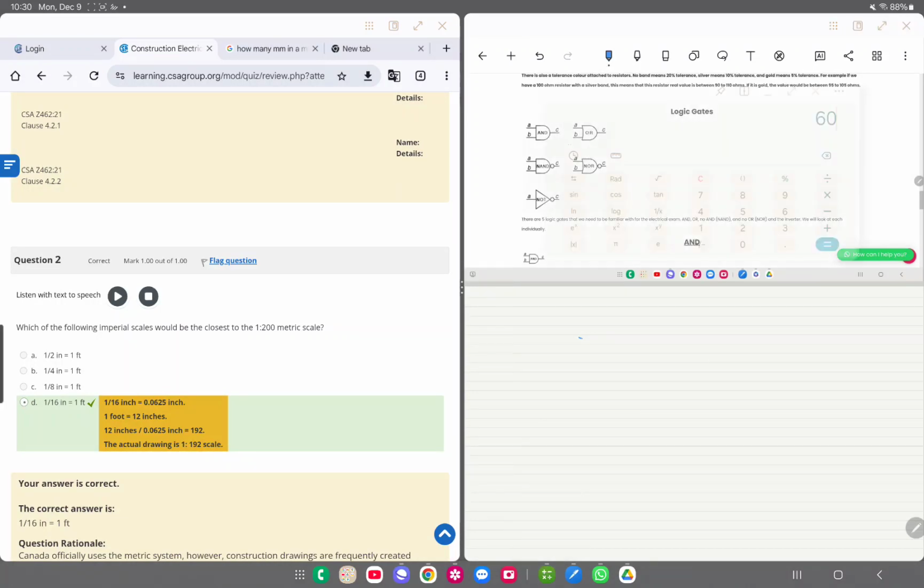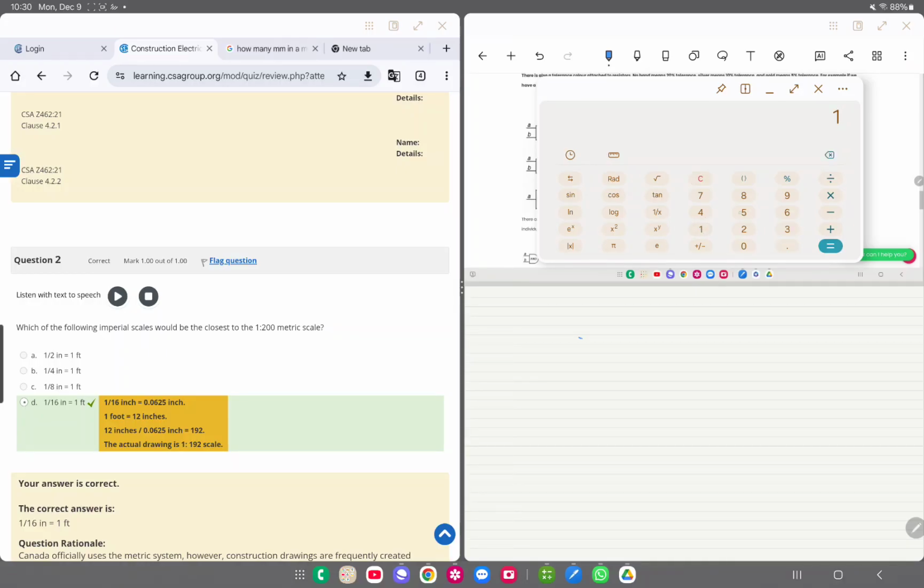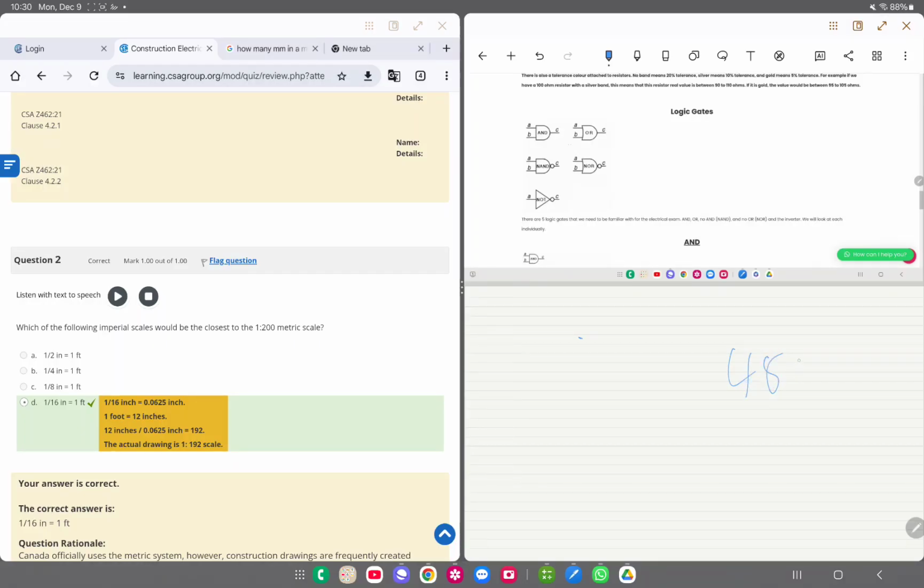Let's do a quarter. So we got 1 divided by 4 equals, then we take our 12 and divide it by the quarter, and we get 48. Well, 48's even closer to the 50 than the 60. And then we'll do 1/8.